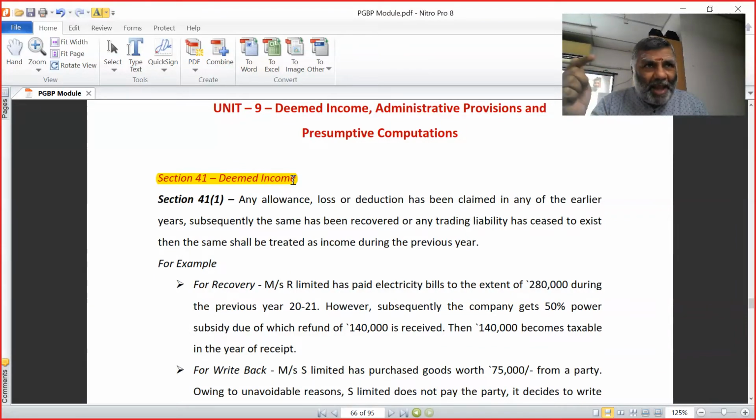The asset is directly sold. Sale value will be treated as income. Specified business: electricity companies following straight line basis depreciation. So, any expenses or losses which are claimed earlier as deduction, now if recovered, are known as income.